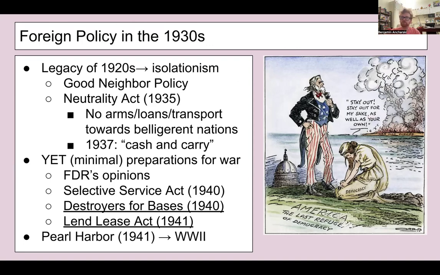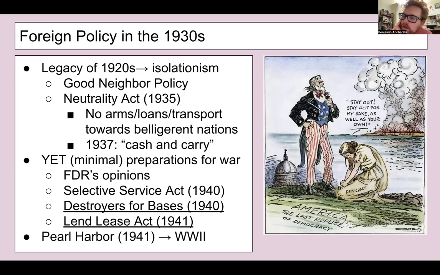Now, generally, FDR does continue this trend, especially in Latin America. We have the so called good neighbor policy continuing from Mr. Herbert Hoover's presidency. We do see, however, that isolationism is best expressed in the 1930s with the Neutrality Act. Remember, we're trying to go back to George Washington's no foreign entanglement sort of idea in the 1920s and certainly in the 1930s as well.